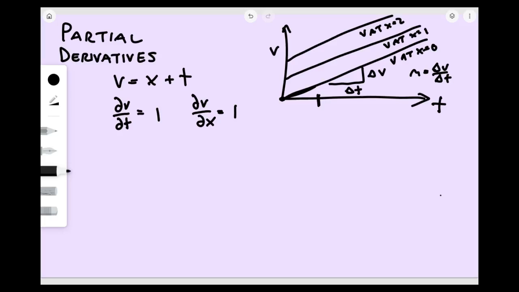The change was this curly d, and that denotes a partial derivative. What it implies is we're taking the derivative with respect to the variable below, in this case time, and holding the other variables constant, in this case x. That's really everything you need to know for calculating partial derivatives.